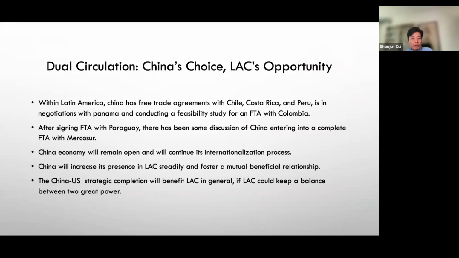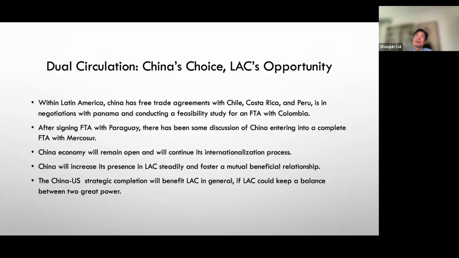So in conclusion, dual circulation, I think, is a Chinese choice and Latin America's opportunity. China will continue to be an open economy, and international circulation is equally important compared with the domestic circulation.